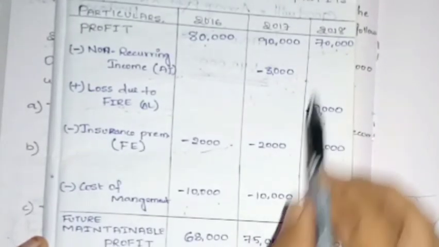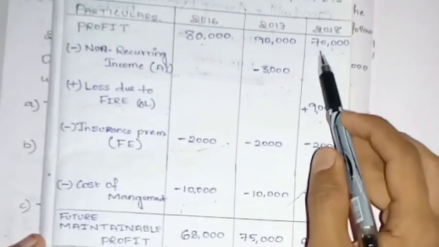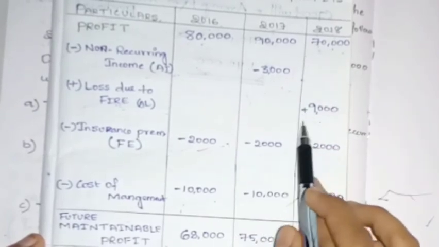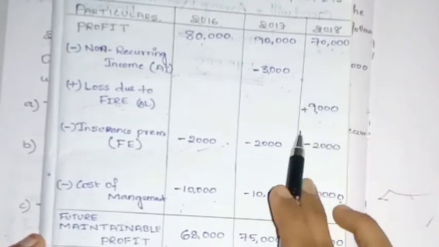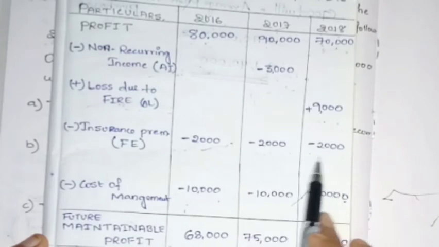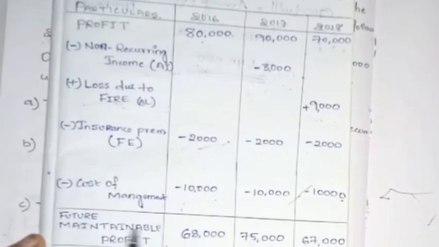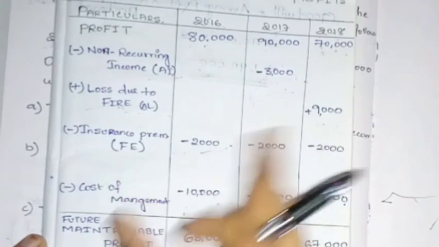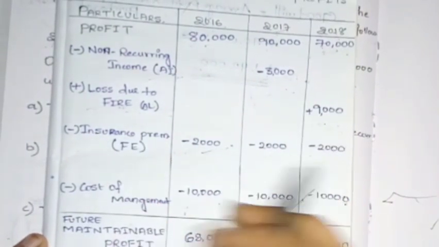Okay, and then 2018, 70,000 plus 9,000 is 79,000, minus 2,000 is 77,000, and then minus 10,000 is 67,000. So these all are the future maintainable profits. Simple, right? So this is how you have to calculate the future maintainable profit.